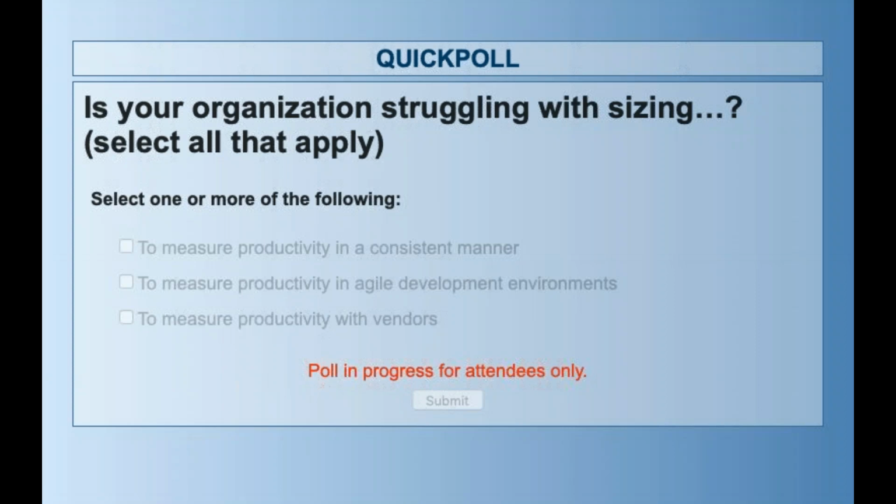For the remainder, the roughly 30% that said no, either they didn't vote or we're interested to see where they're coming from. Are they coming from a team level or an enterprise level? But it's fair to say it's a common problem.